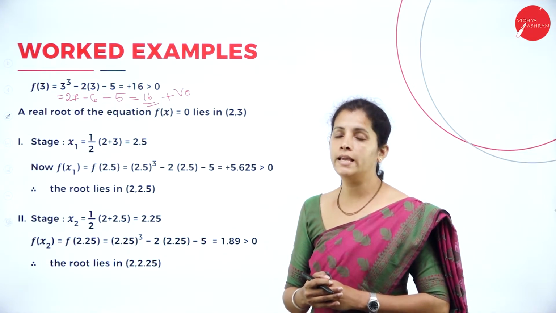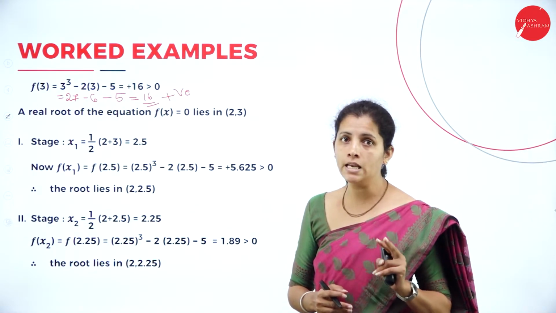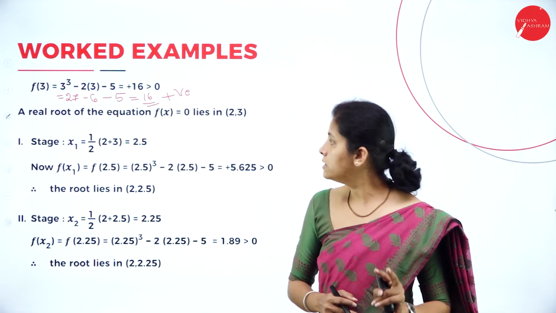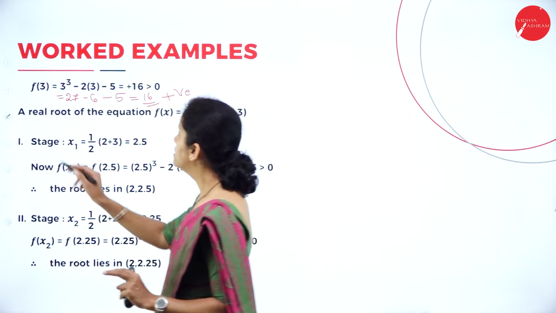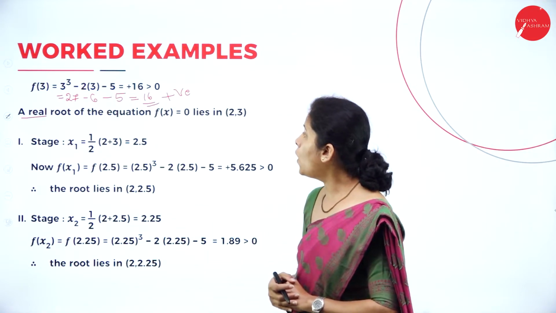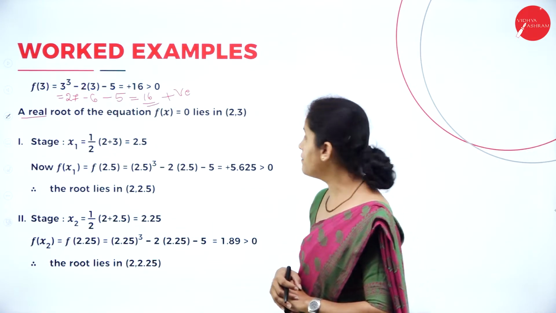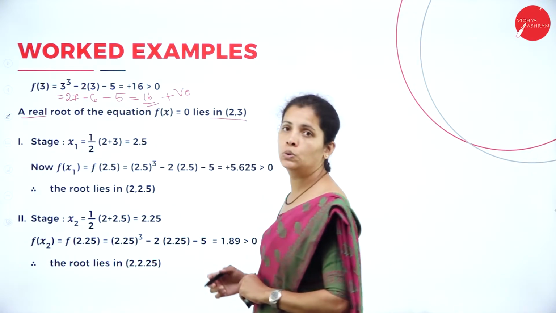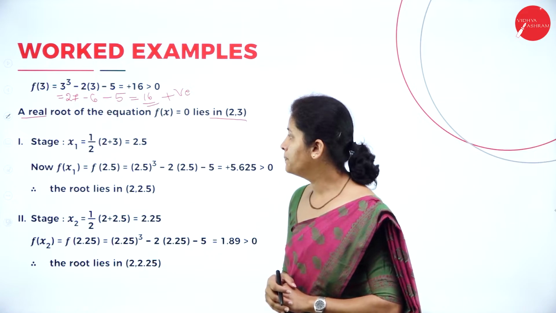That means when I get alternate signs, at that time I stop the process. Now I write that a real root of the equation, that is f of x equal to 0, lies in (2, 3).